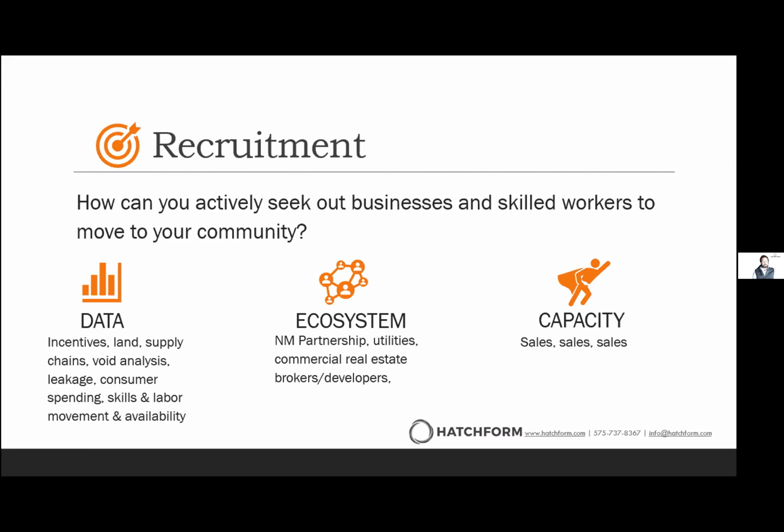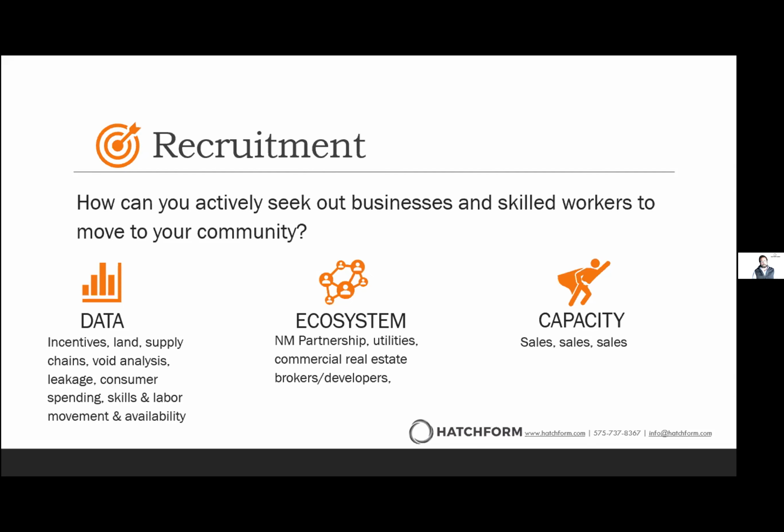Ecosystem. The main player here in New Mexico is an organization called the NM Partnership, and they have a contract with the state to do outreach and recruitment, and they oftentimes will send prospectus to economic development organizations at the county or the city level, saying, hey, this company is interested in moving, or they're interested in expanding.